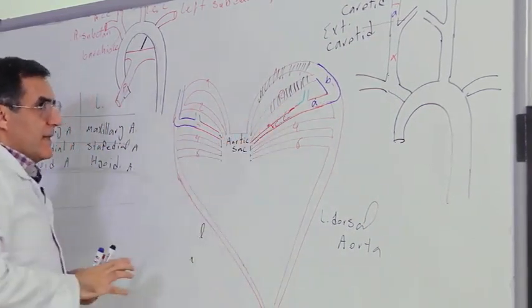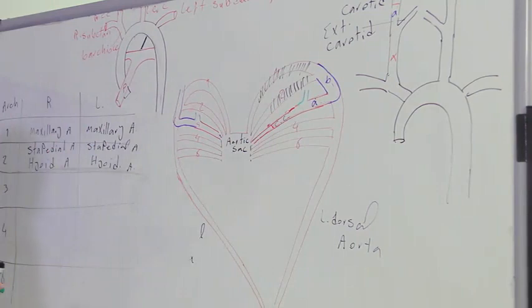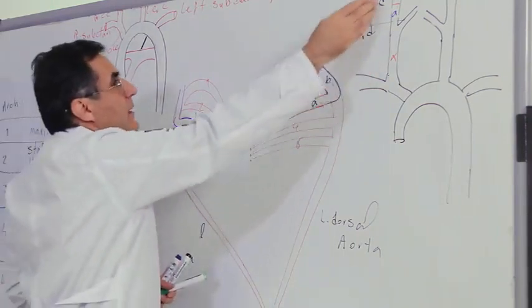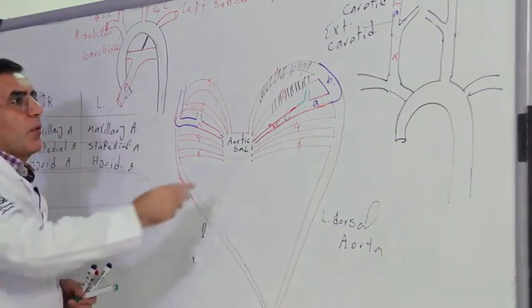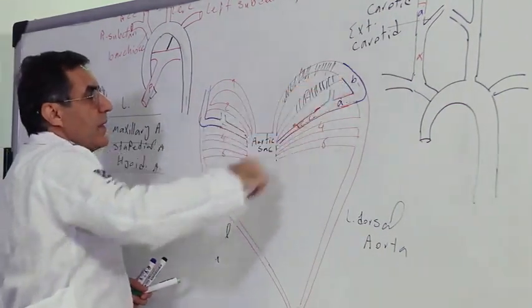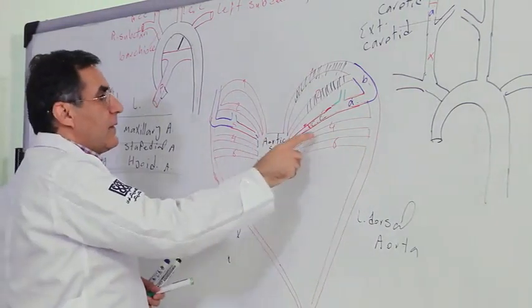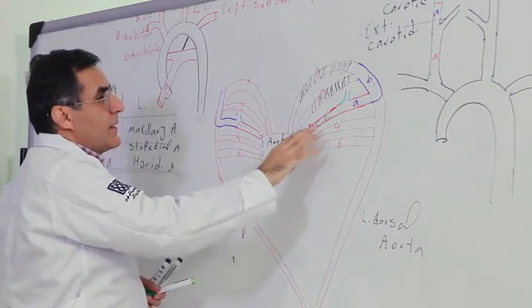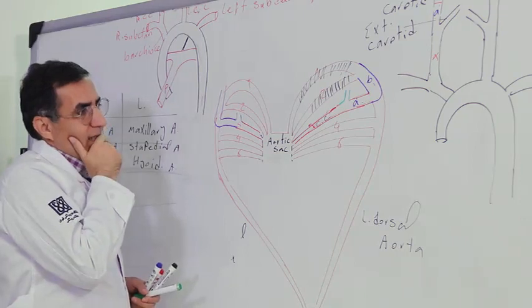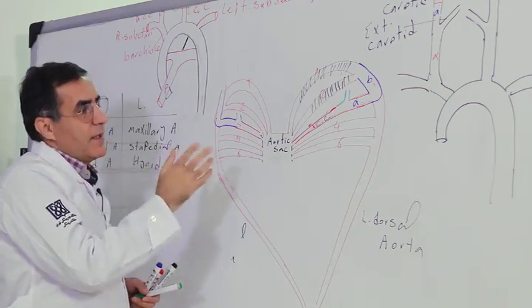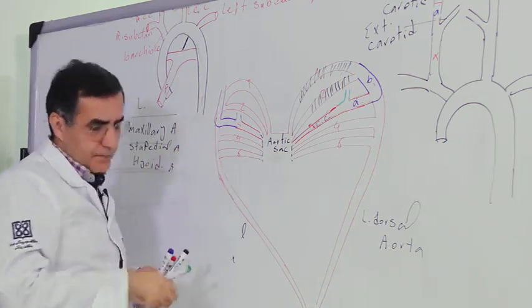This is the third arc, and it is clear that it makes the carotid systems in cooperation with the dorsal aorta. What about the fourth arc? The fourth arc has a different development in the right and left sides.